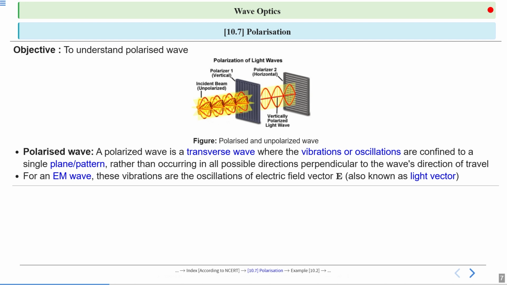So, applications of polarization: in photography to reduce glare, and in sunglasses to reduce the intensity of light. Also, the polarization phenomenon is used in 3D glasses. When we go to watch a 3D movie in the theater, special glasses are given to see the 3D effect.